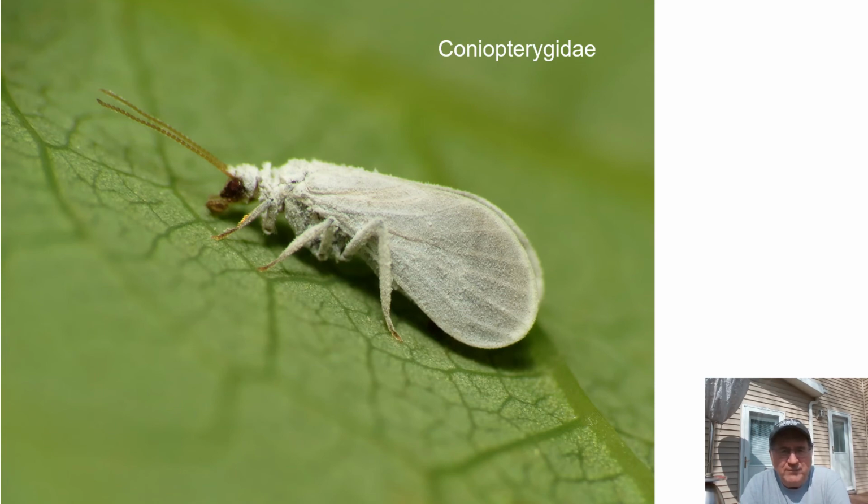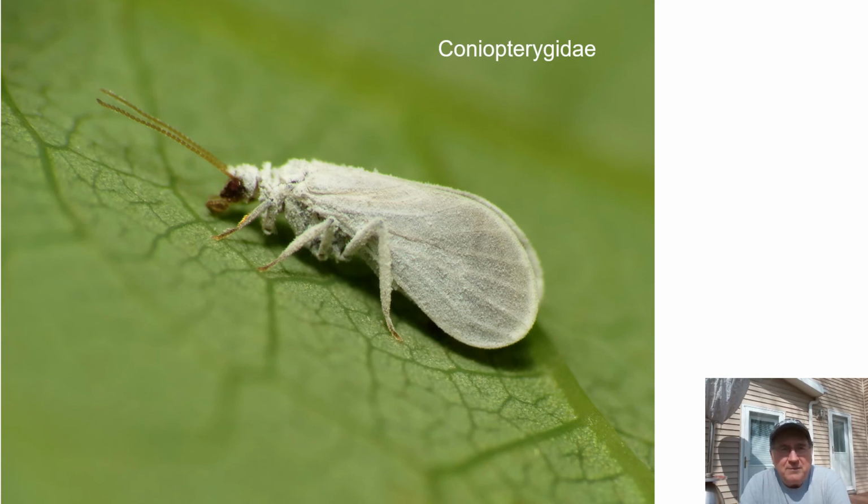Very simplified wing venation, and they're characteristically covered by what looks like a waxy secretion, this white dusty secretion all over the wings, and that's why they get this common name of dusty wings. As I said, they're super common, and there's a good number of species out there.